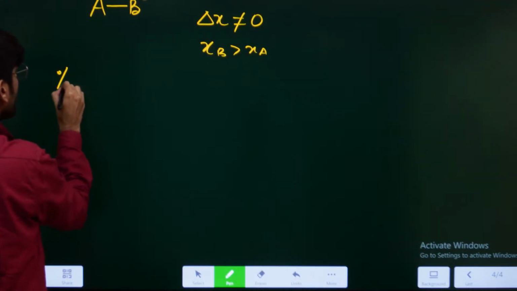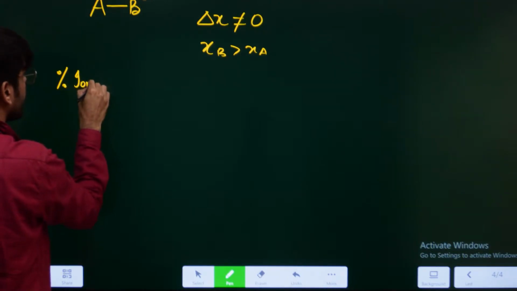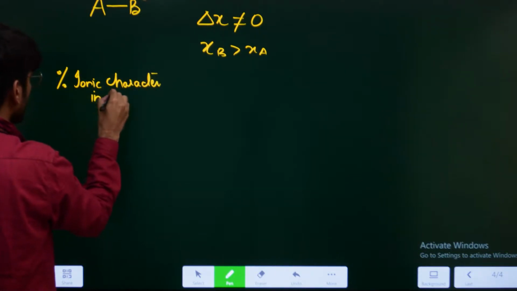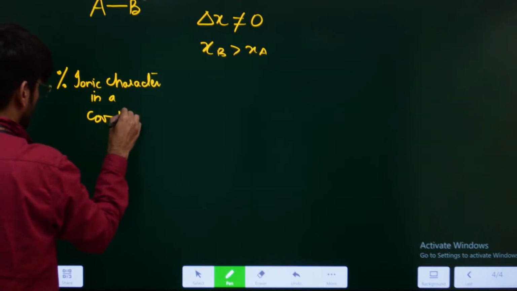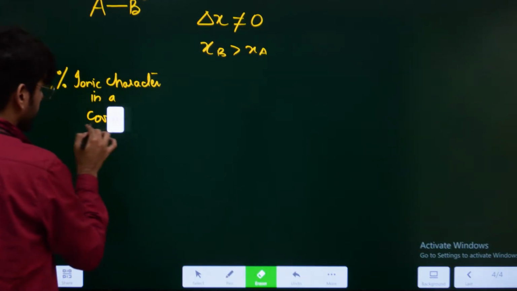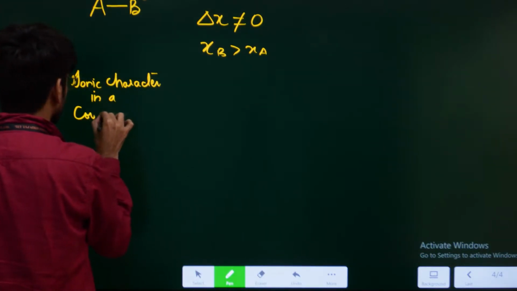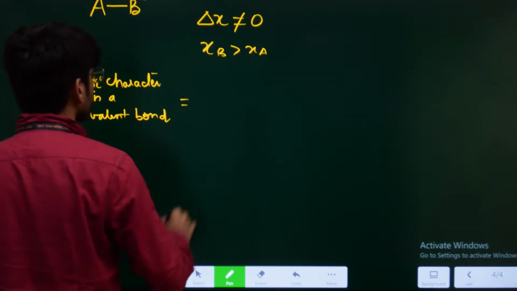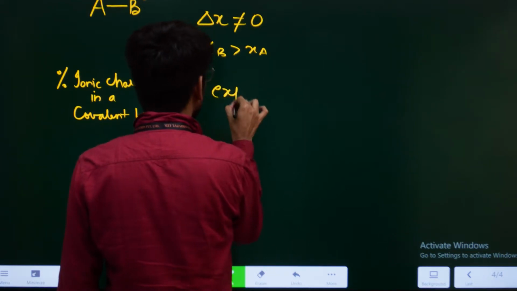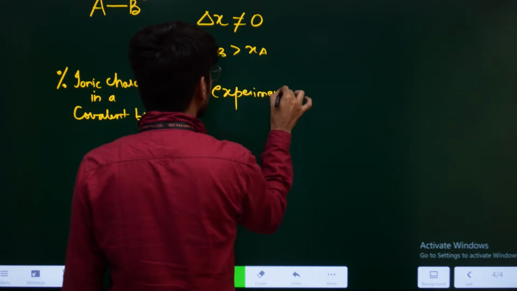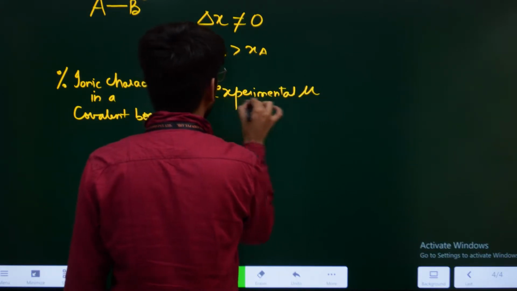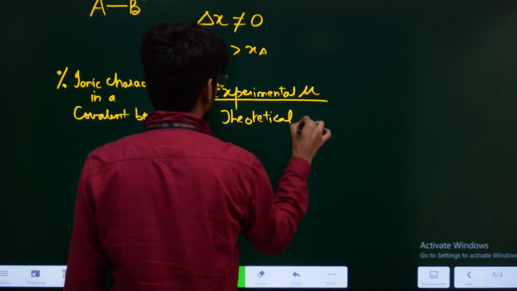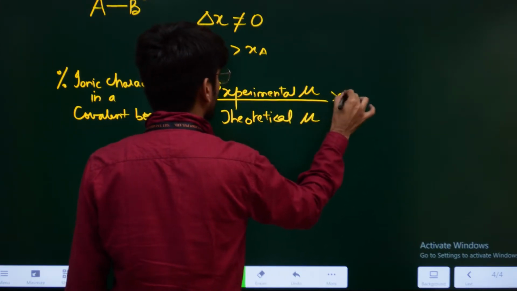So if I want to calculate the percentage ionic character in a covalent bond, then it is basically experimental dipole moment divided by theoretical dipole moment, into 100.